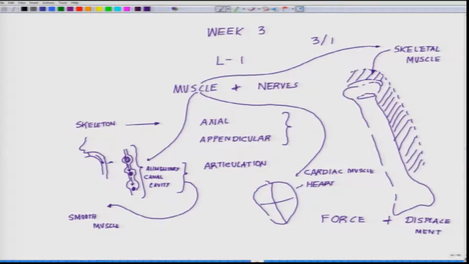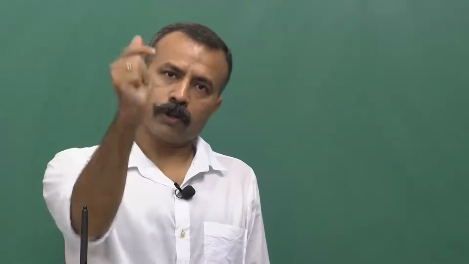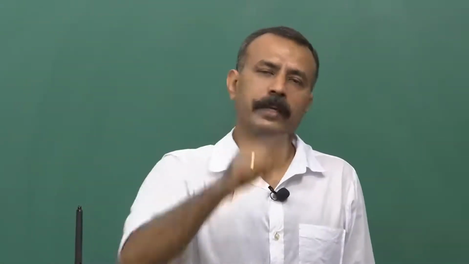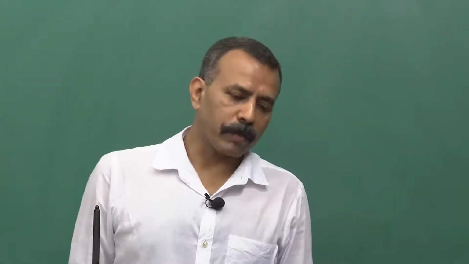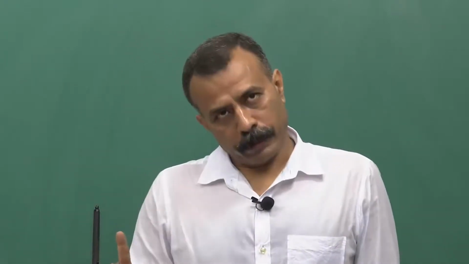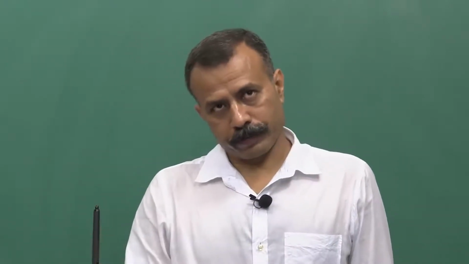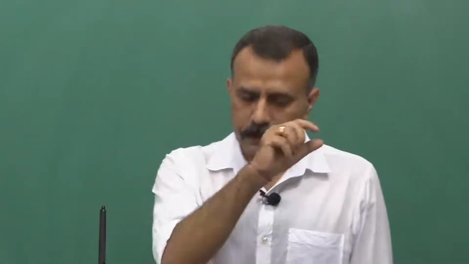By your sheer common sense, without studying any physiology, you should be able to tell the maximum displacement you see will be in the skeletal muscle, as compared to the cardiac or the smooth muscle, plus the force generation will be maximum in the skeletal muscle.